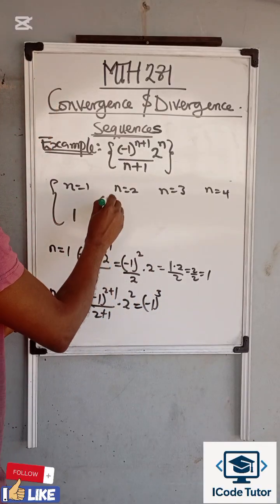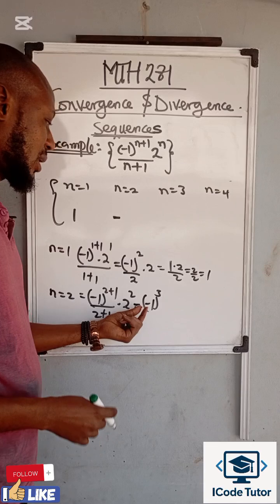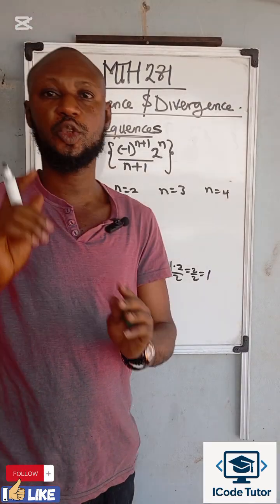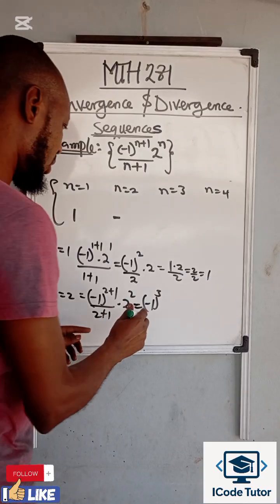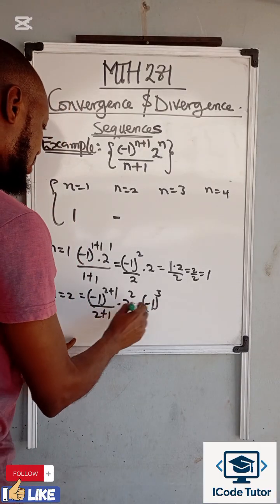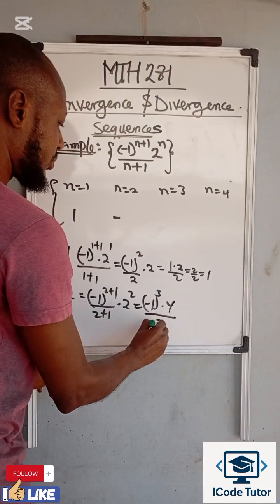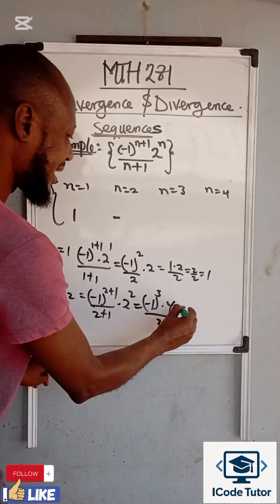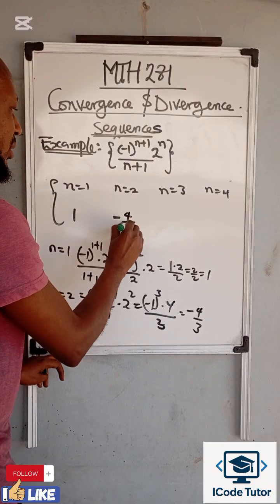Don't forget, this one will be negative, because a negative number raised to an odd power gives you a negative. So it's minus 1 raised to power 3 multiplied by 2 raised to power 2, which is 4, divided by 2 plus 1, which is 3. That means we have minus 4 divided by 3 here.